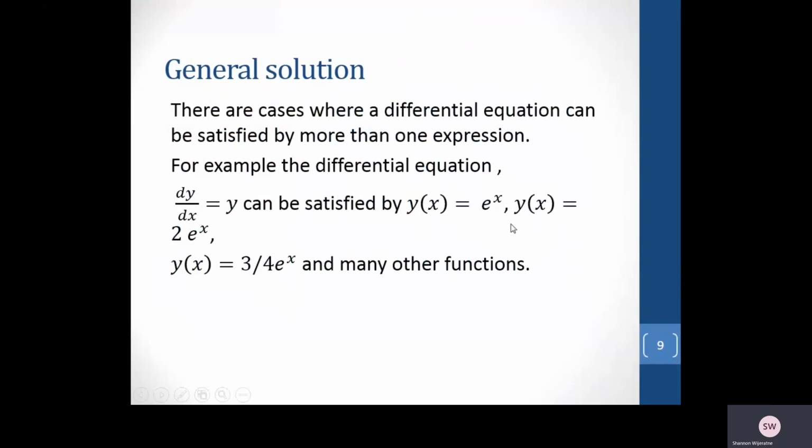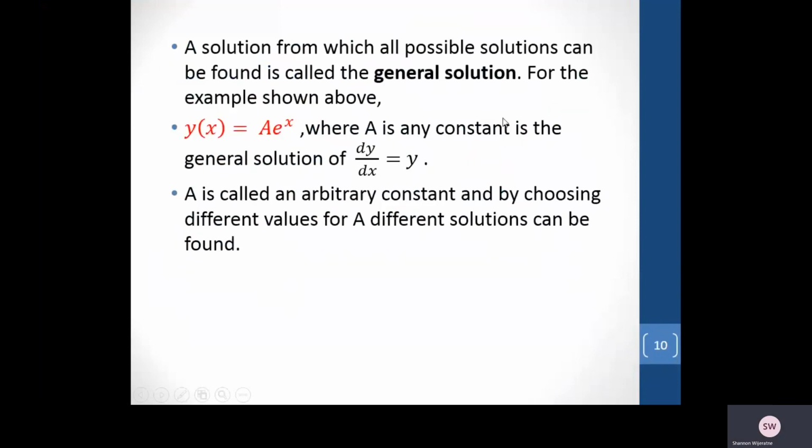So we can say the general solution of this differential equation is y equals a constant times e to the x. This arbitrary constant can be found only when we have some additional information.